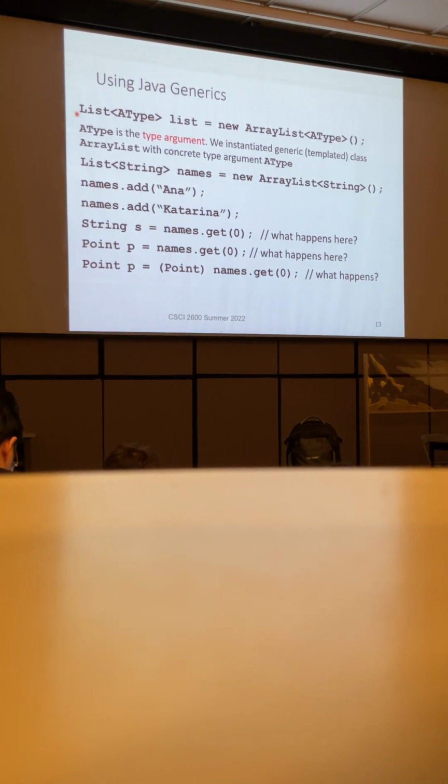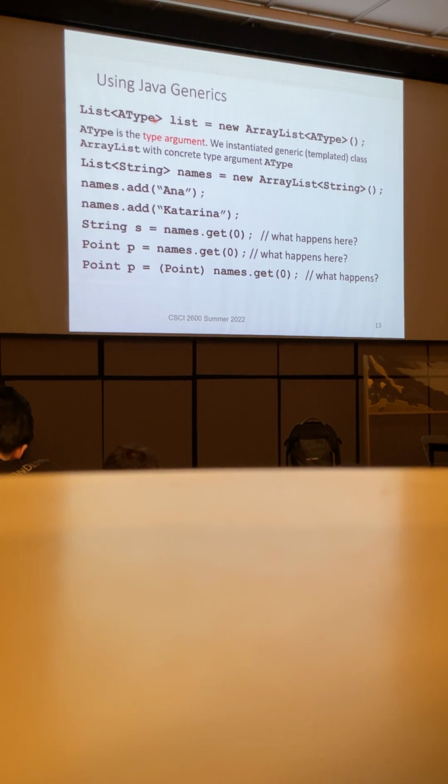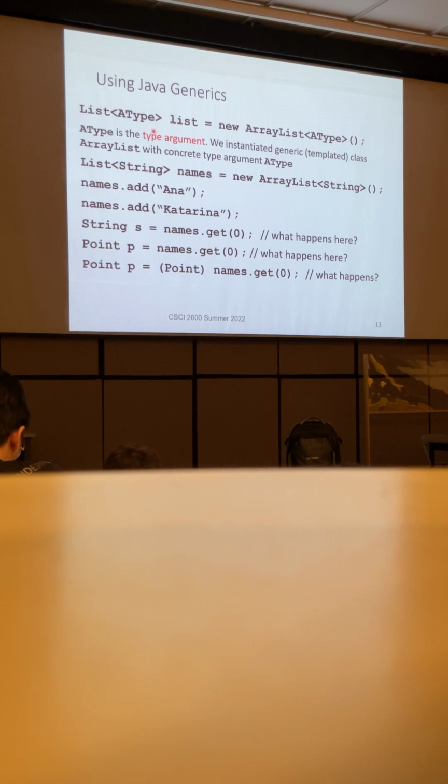So here on the left, we see that this list variable is declared as having type List. List is an interface with a type argument, whatever, a type: string, Point2D, whatever. Okay, so interfaces can also be generic.